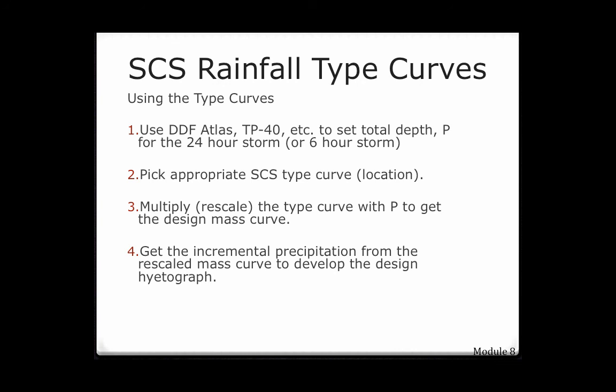That depends on where you are in Texas. So if you're left of 35, you choose type 2, and if you're right of 35, you choose type 3. Good. You rescale the type curve with capital P, which in this case is total rainfall depth, to get the design mass curve, and then if you need it, you can pull the incremental precipitation from the rescaled mass curve by differencing between two time units.